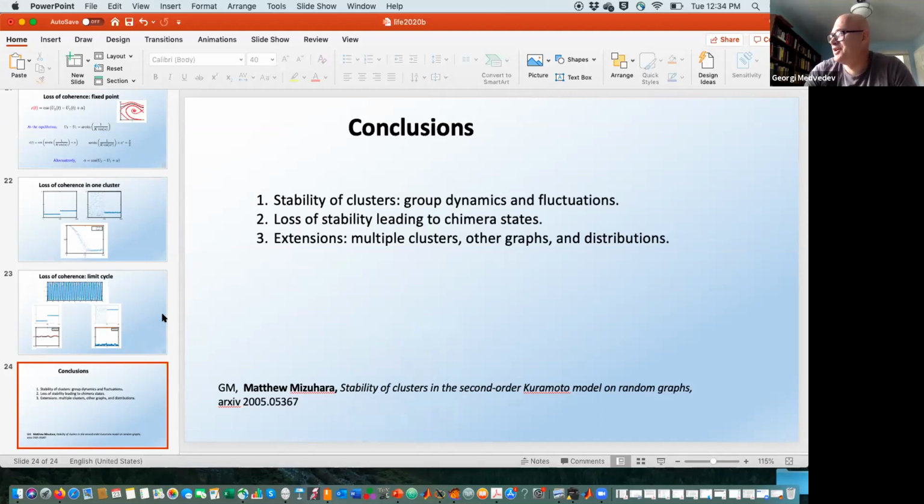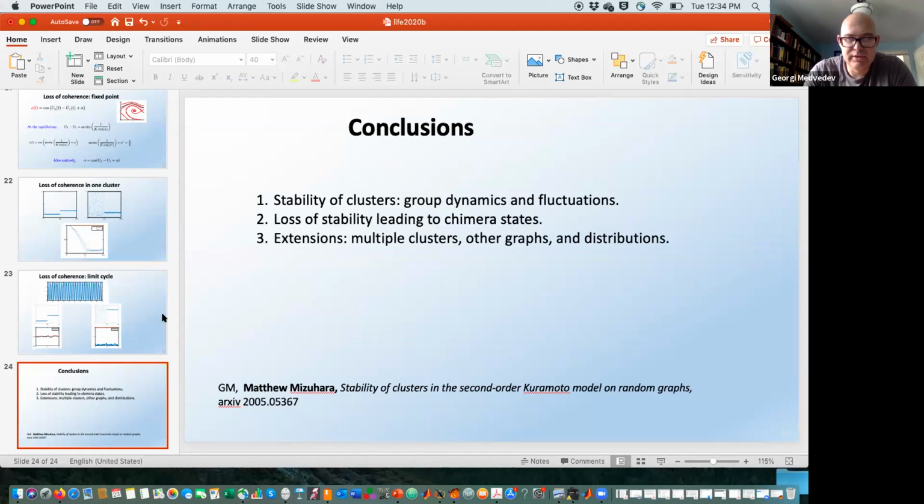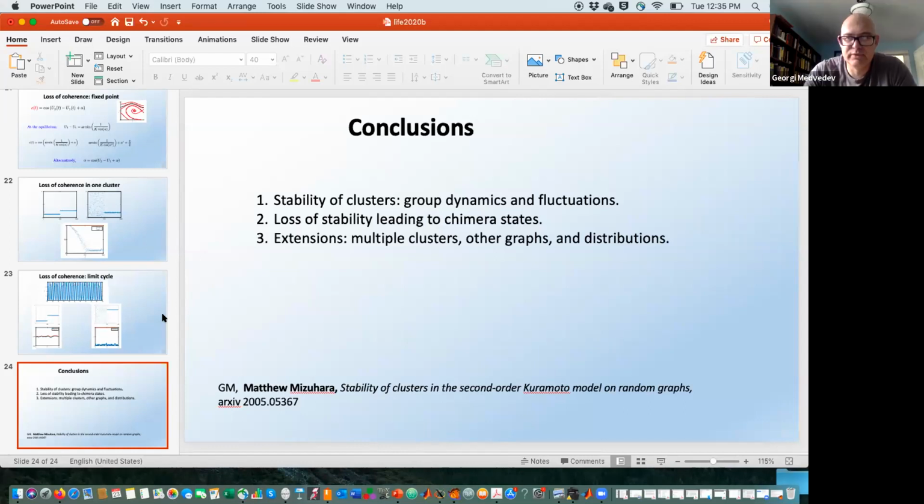I'm not sure exactly what you mean by inertia. Can you explain, maybe in mathematical terms? I mean the inertia terms that you have in your Kuramoto model. So, inertia means second derivative? Yes.